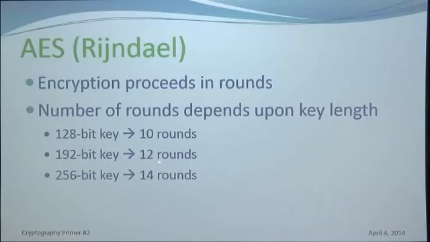If you increase the key length, the main benefit you're getting is more rounds. If there are more key bits, you think you get more security from the more key bits, and you do, but that's not, in this case, really it. It's the extra rounds. The 128 bits is enough.